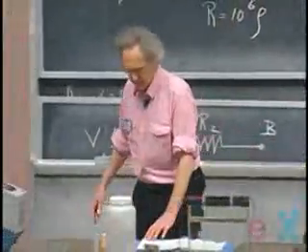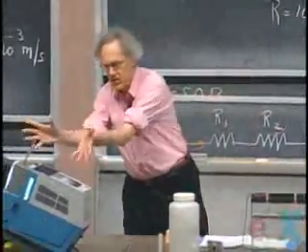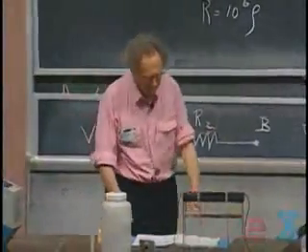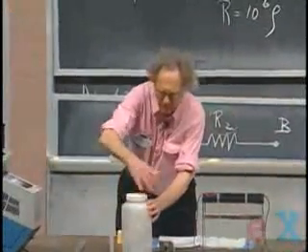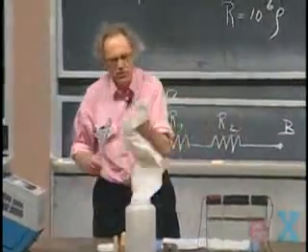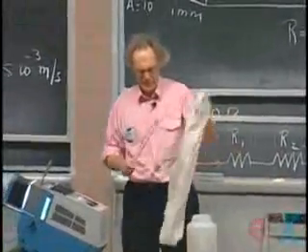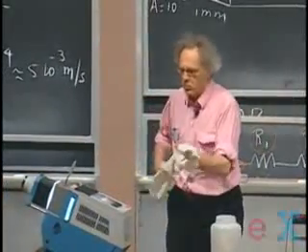And then I will create ions in the vicinity of the electroscope. So let's first put some charge on the electroscope. I have here a glass rod, and I'll put some charge on it.